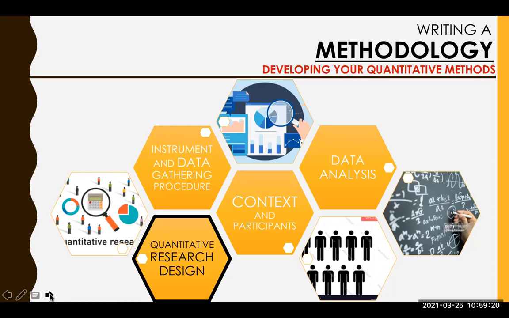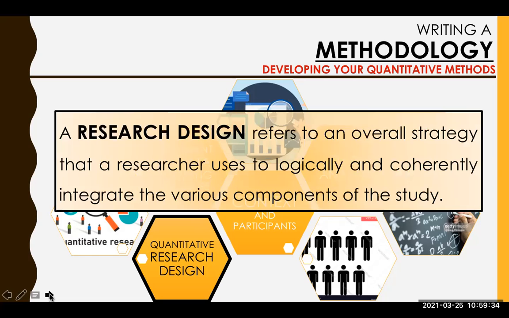So let's first discuss the first part of the methodology for quantitative study, which is all about quantitative research design. A research design refers to an overall strategy that a researcher uses to logically and coherently integrate the various components of the study.